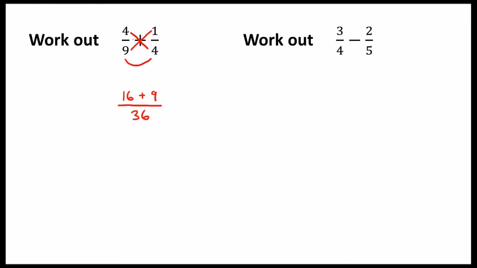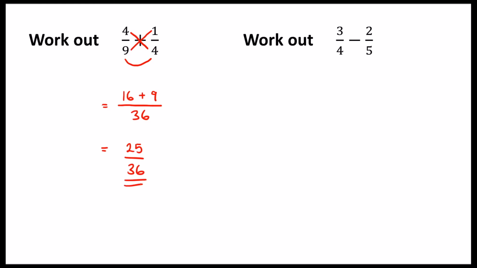That's where the kiss part comes from. So I know that my answer is equal to 16 plus 9 over 36, and all I need to do now is simplify it. 16 add 9 is 25, so my answer is 25 over 36.